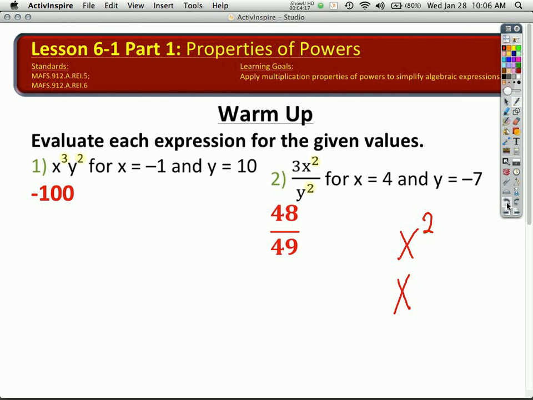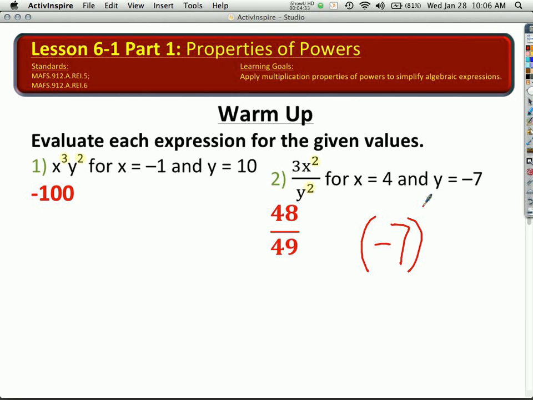Okay? Yes, Kayla. Why is it that when you put -7 squared into the calculator, it comes out as -49? Yeah. Because it depends on how you put it, and it depends what kind of calculator you have. If you have a scientific calculator, you need to put an open parentheses, a -7, close parentheses, and then the square. If you have a very basic calculator, it won't let you do that.